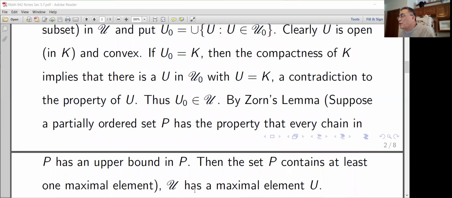The above reasoning shows that our partially ordered set, script U, has this property. So by Zorn's lemma, it must contain a maximal element. So it has a maximal element, and we call it U.